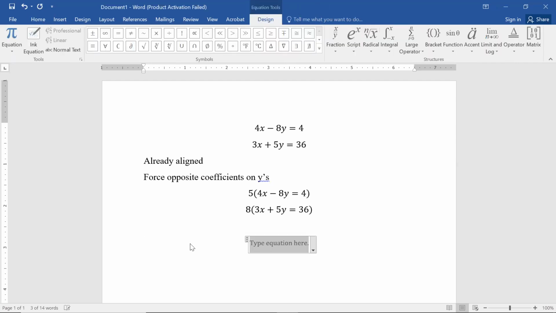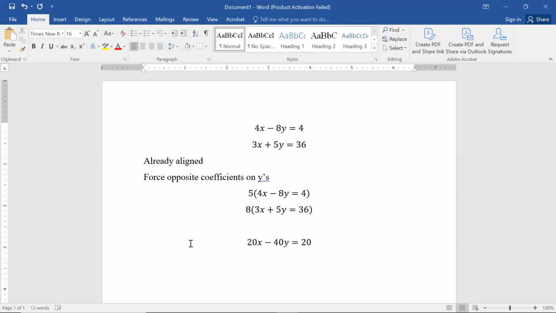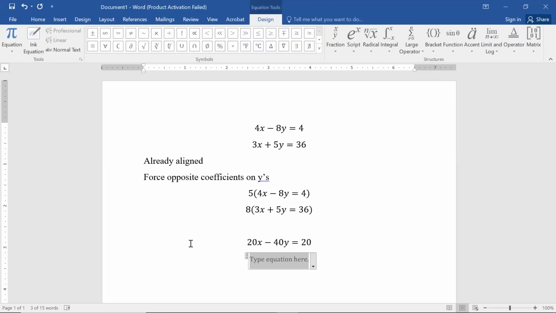That's going to transform the first equation into 20x minus 40y equals 20. The second equation will transform into 24x plus 40y equals 8 times 36, which is 288.